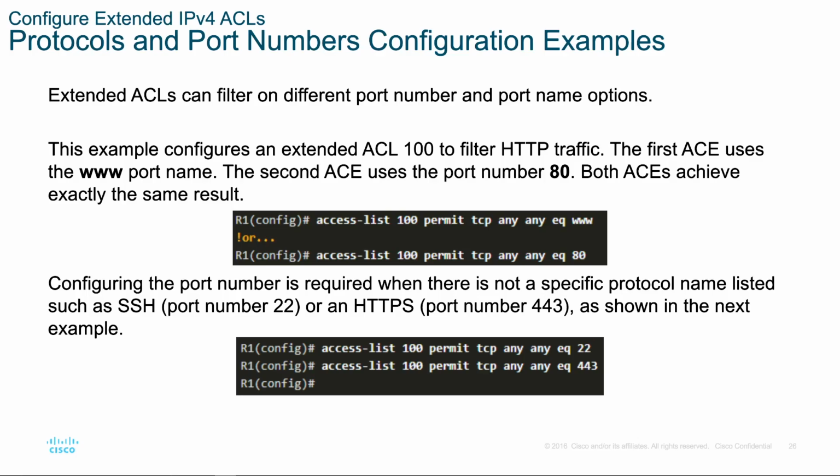Now, when going through these examples, you see that it's only using the destination port numbers there. Just be conscious that we can filter on both the source and destination as far as port numbers are concerned.